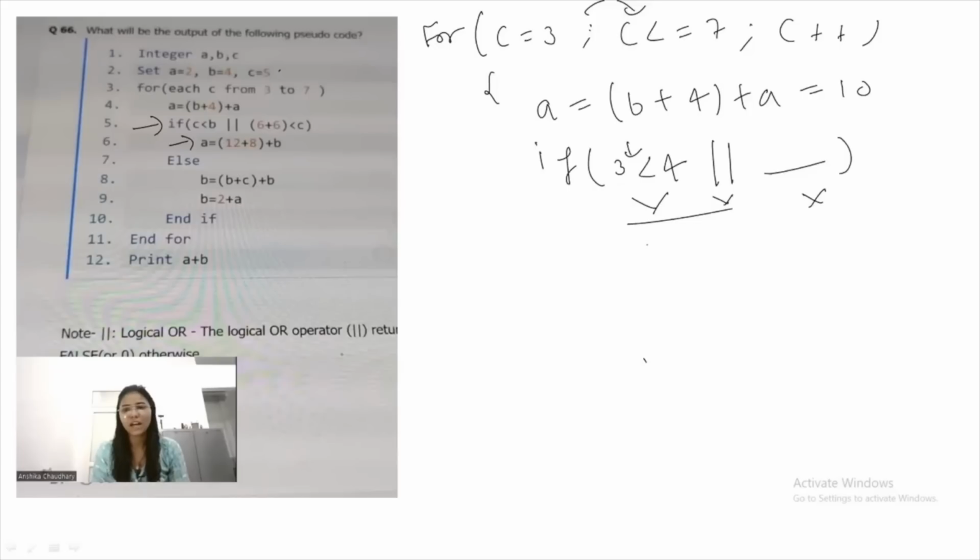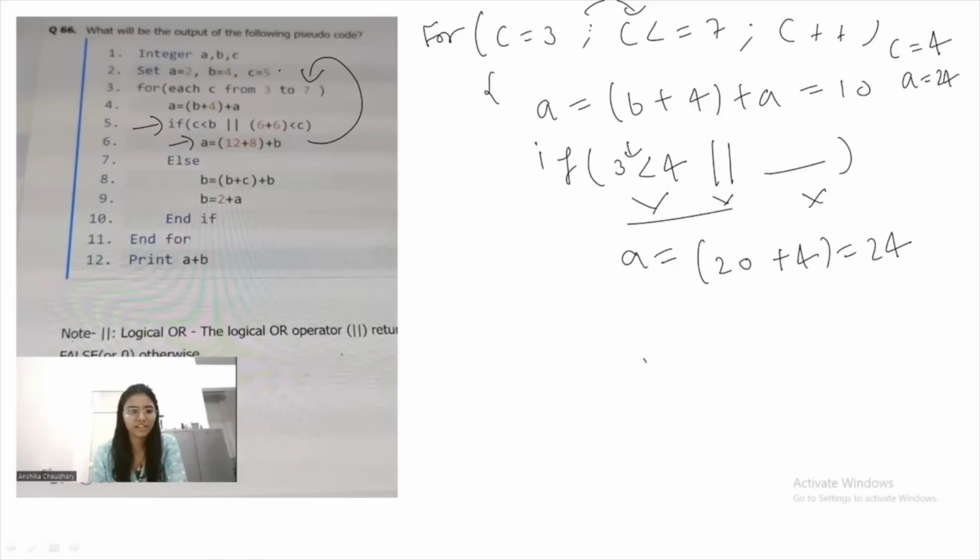And again, we have to change the value of A. 12 plus 8, that means 20, plus B. B value was 4, so it will become 24. So the latest updated value of A is 24. We will not go into the else part as we have already done with the if part. From here the control will come back and increment the count of C. So C is now 4 and A is 24.